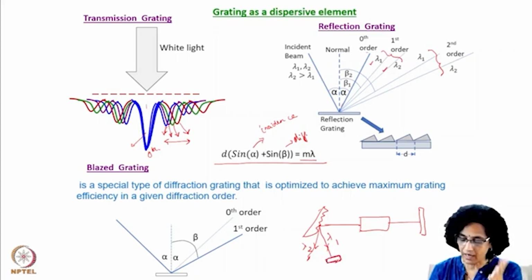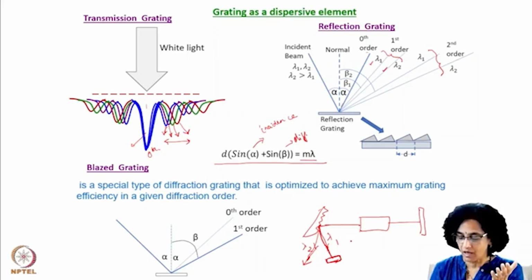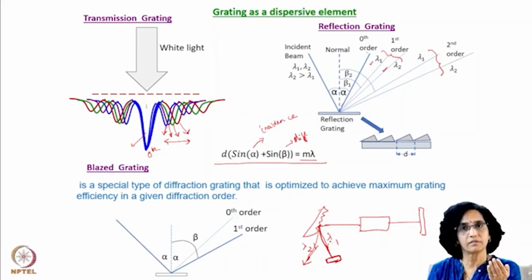So you align your output coupler in such a way that lambda 1 gets feedback, whereas lambda 2 doesn't get feedback. Then in that case, whatever be this lambda 1, it may have lower gain than lambda 2, but it will get to lase.